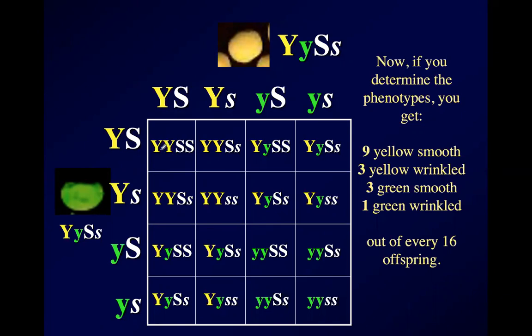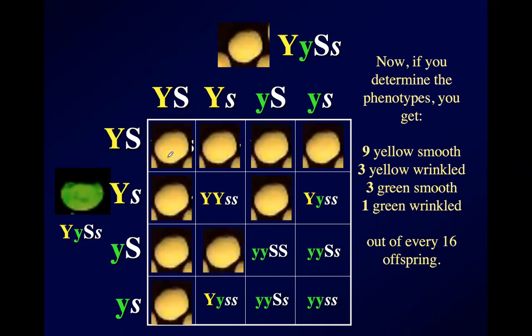Each one of these has at least one capital Y and at least one capital S. So they're going to look yellow and smooth. That's their phenotype. And they, all 9 of them, since they've got one copy of each dominant allele, are going to look yellow and smooth.